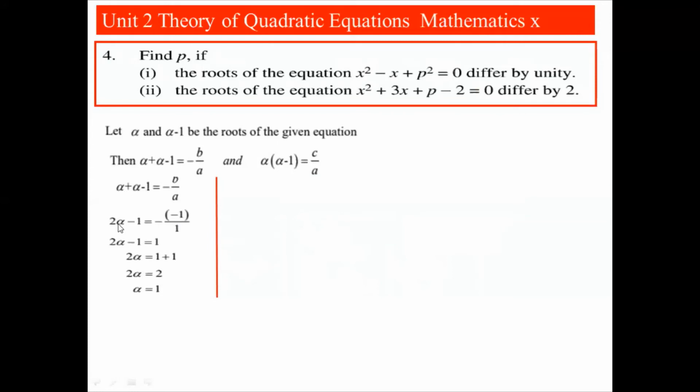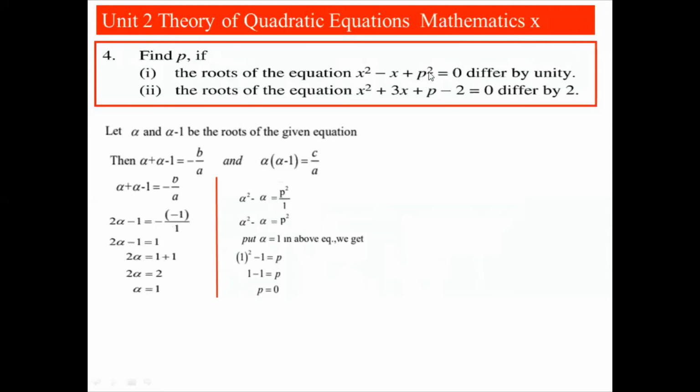So alpha plus alpha minus 1, that is 2 alpha minus 1, is equal to 1. So 2 alpha is equal to 1 plus 1 when we shift this to the right hand side of the equation. So 2 alpha is equal to 2, then alpha will be equal to 1. Now the product of the roots: alpha square minus alpha is equal to p square by 1.